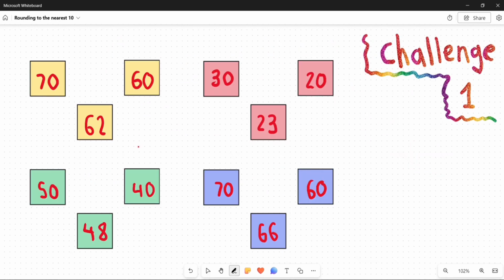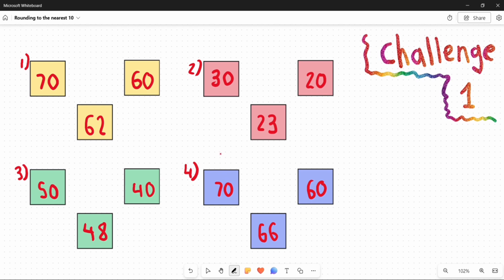So here we are in challenge 1. I hope you all have grabbed your boards or your papers so that we could learn and study together. Now let us look at these 4 questions. Question 1, question 2, question 3, and question 4.